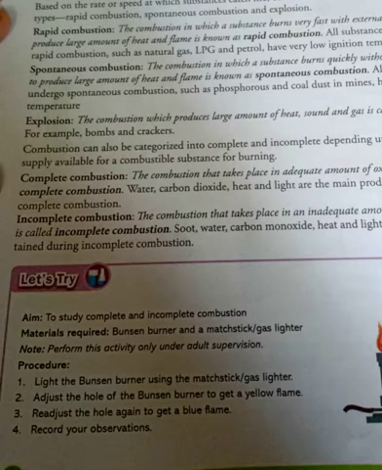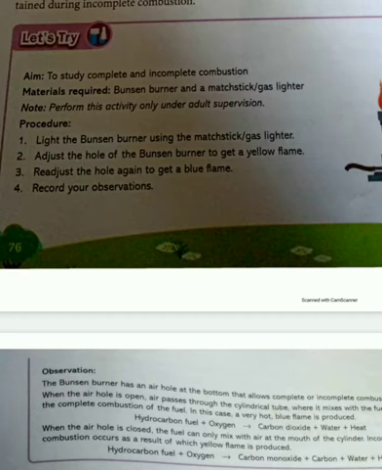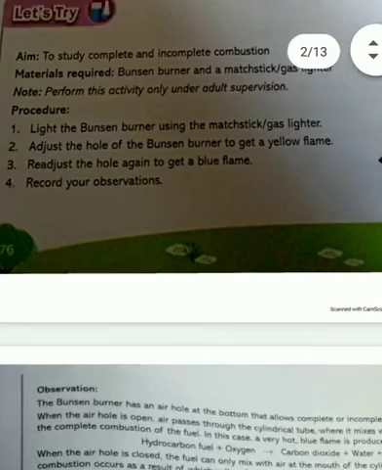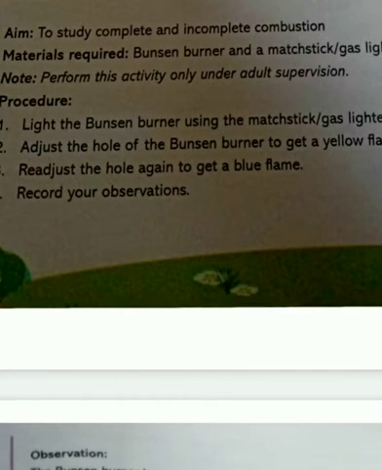And I have told you that in this video we will do some activities which show how complete and incomplete combustion can be observed. So let us try the first activity. In this activity, we want to explain complete and incomplete combustion.